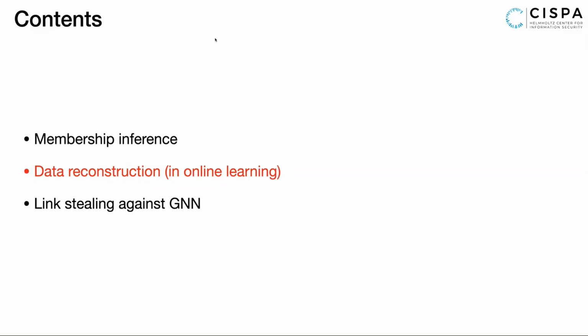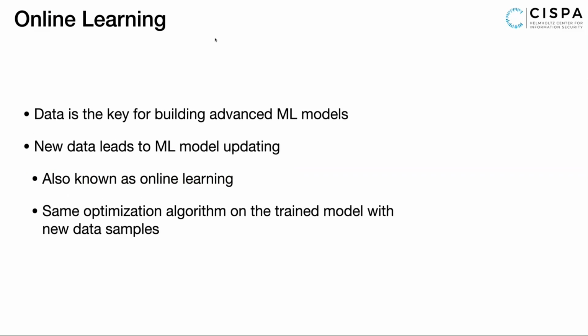So now let's talk about another thing called data reconstruction in online learning. I need to probably speed up a bit. The reason machine learning models achieve good results, as I mentioned in the very beginning of this talk, is because we have a lot of new data generated every millisecond.